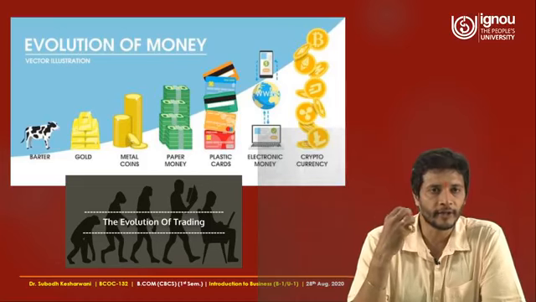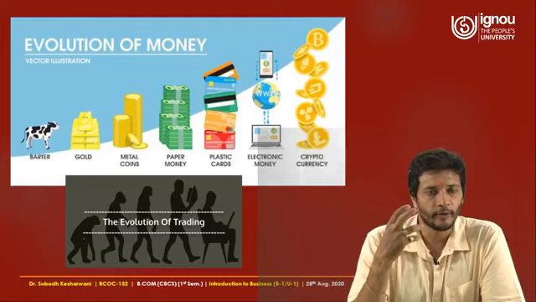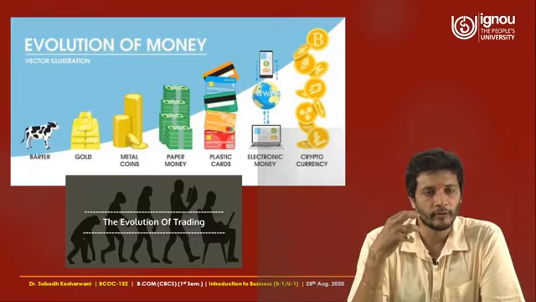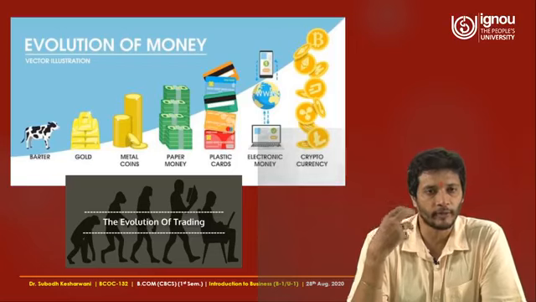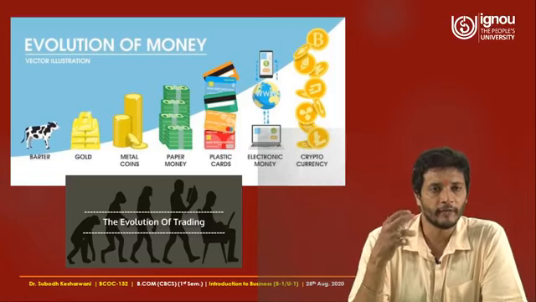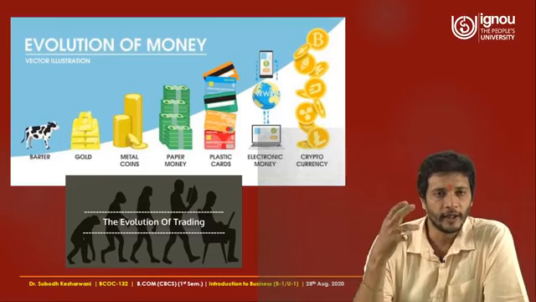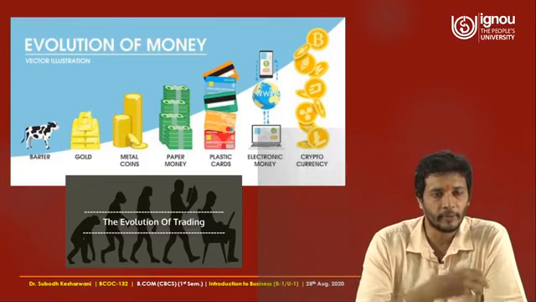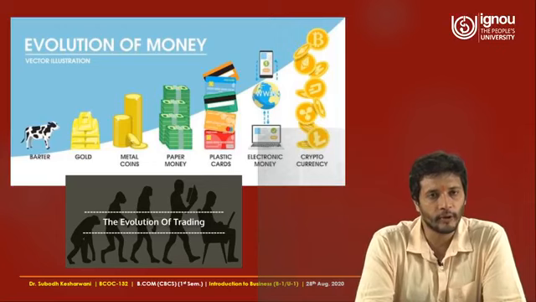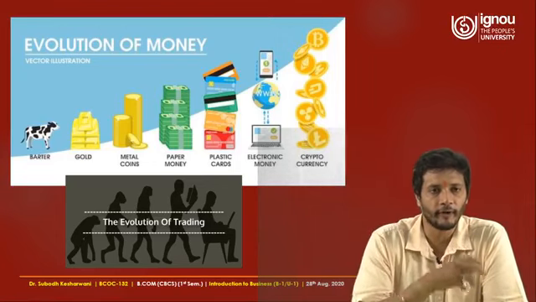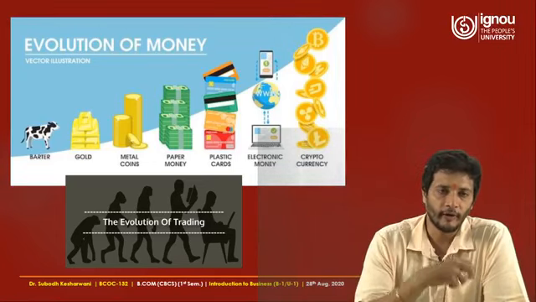From there, the evolution of money came up, and when money was involved, trading and commerce came up. There was a time when goods were exchanged for goods, and there was no currency. But afterwards, bullion and metals came into the picture. Gold was a standard means of exchange.